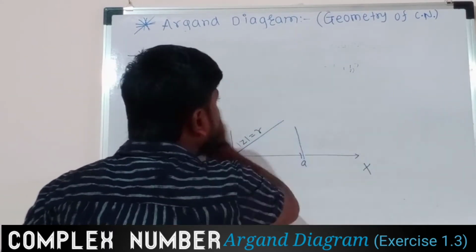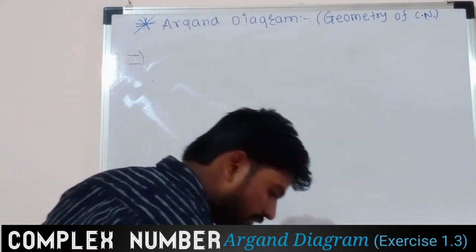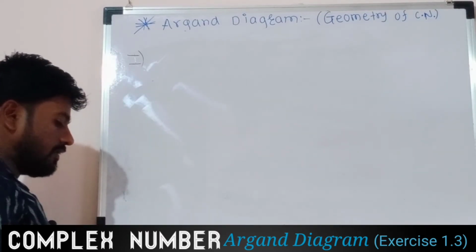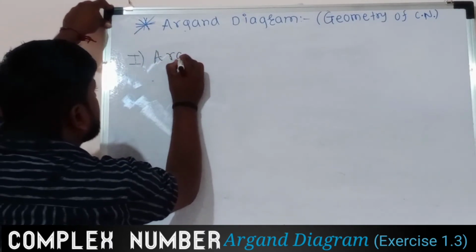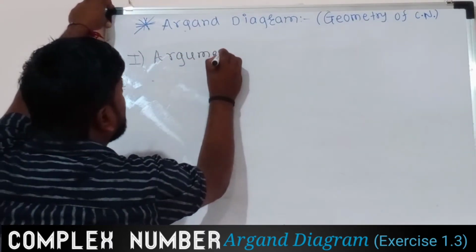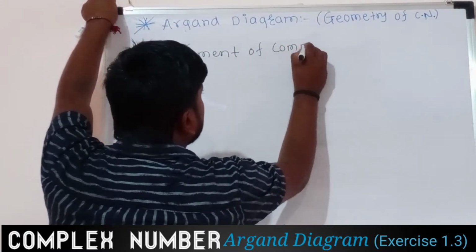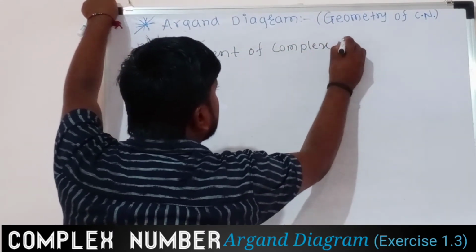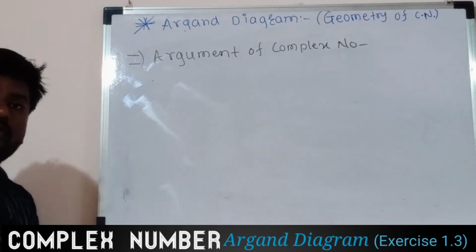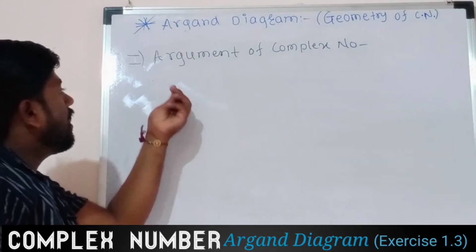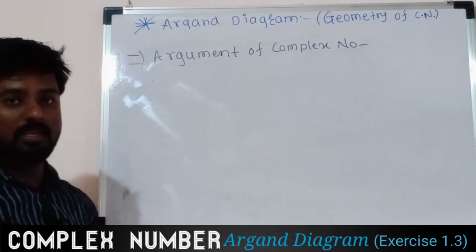Argument of a complex number and amplitude of a complex number are very similar words.